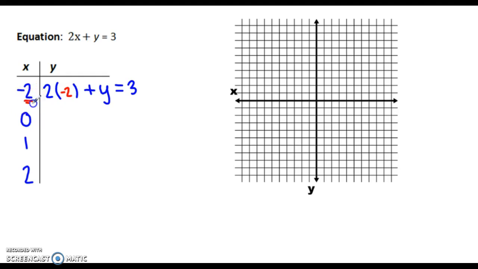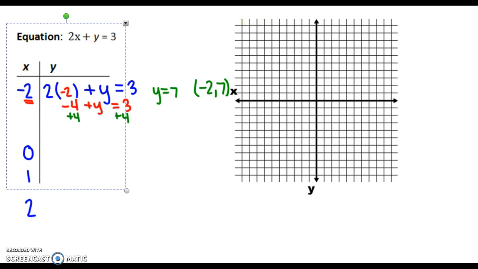So I plug in -2, so -4 plus y equals 3. I need to get y by itself, so I'm going to add 4 to both sides. And y equals 7. So that gives me the point -2, 7. Just using what we did in the last chapter right there.